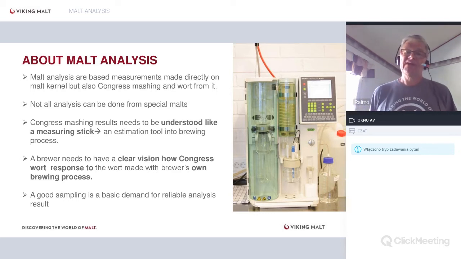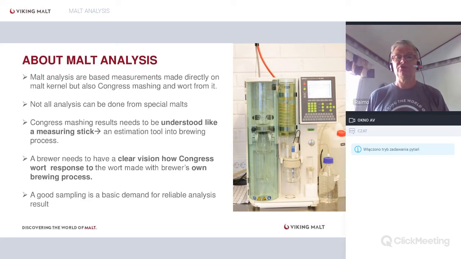We can do this malt analysis also directly from the malt kernel. A good example is friability measurements. We can also do some screening of the kernel sizes directly from malt, but the major part is based on this Congress mashing and the wort from it.